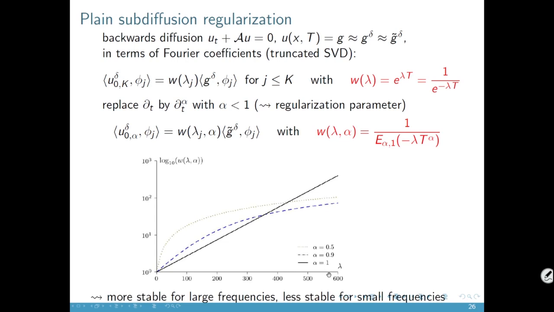Okay, just to look at what these amplification factors look like, here's again a log plot of them. In this log plot, the black straight line is the exponential function, so the case alpha equal to 1. And we plot these W's as a function of lambda. Because our lambdas, being eigenvalues of our elliptic operator, will increase to infinity. So infinity is at 600 here, but of course it might go beyond.